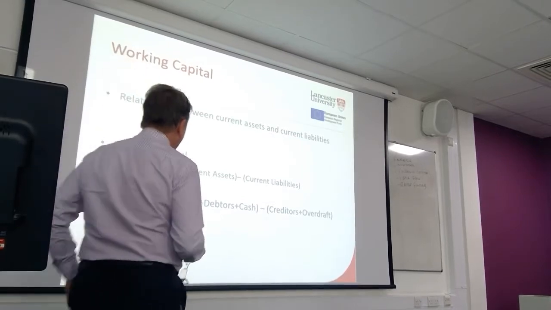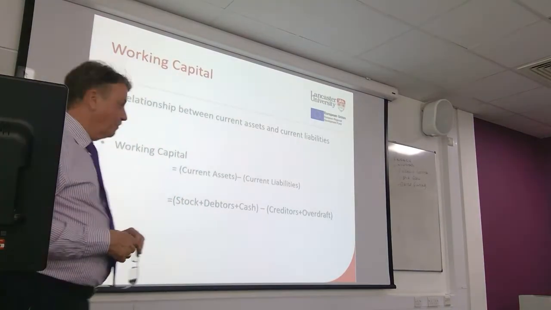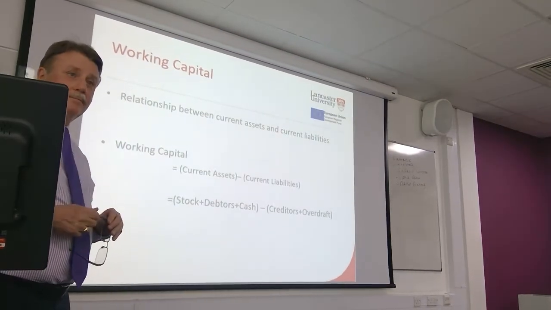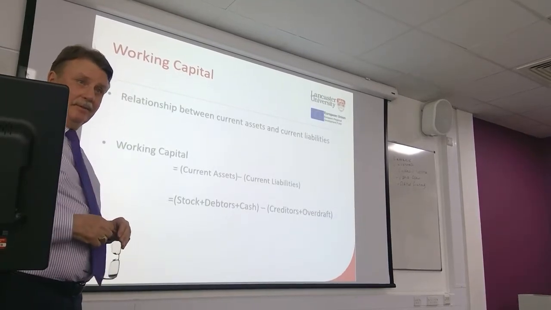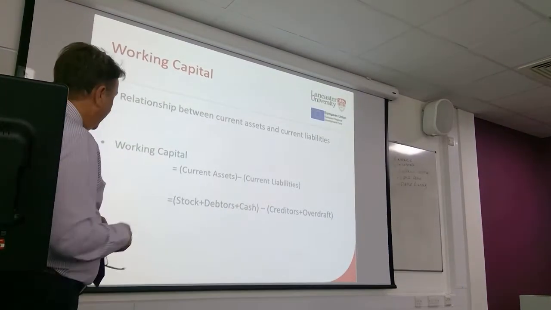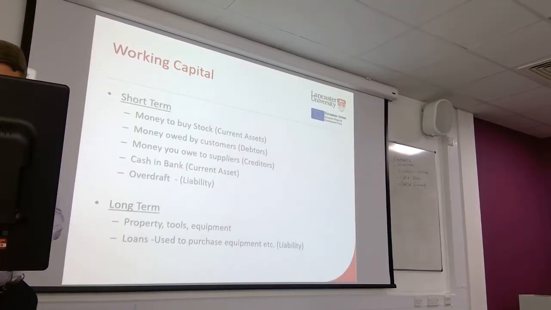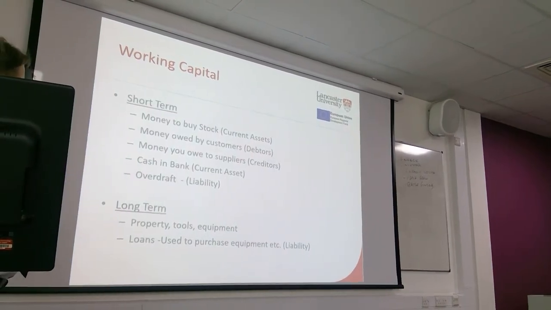Okay. So your assets are your cash in the bank, what your customers owe you, any stock you've got. Your creditors are what you owe your suppliers, and if you've got an overdraft, the bank can call on it, or a loan, something like that. So, short-term money, you're buying stock there.